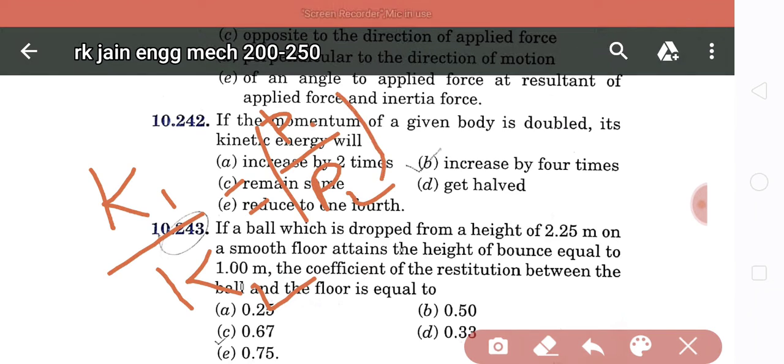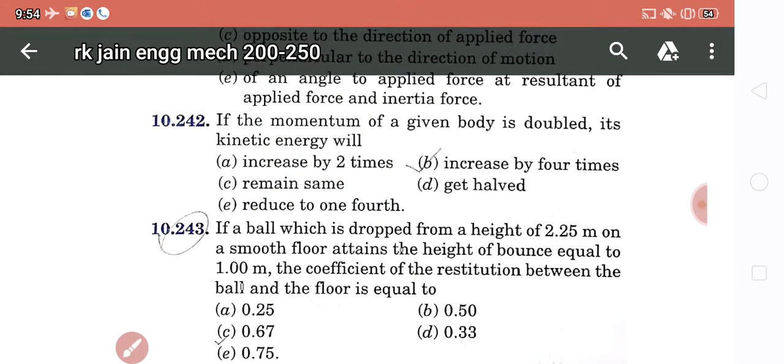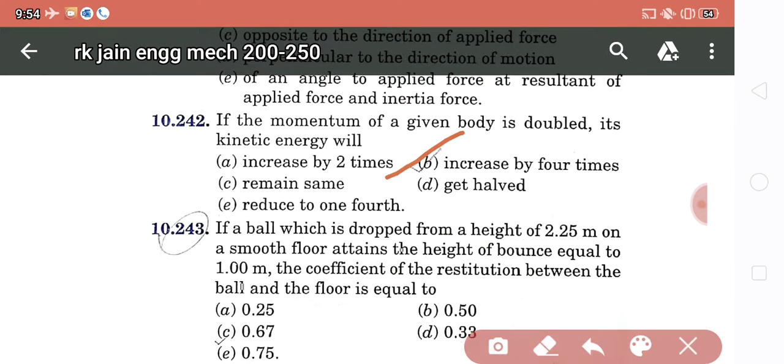It means if the momentum of a given body is doubled, its kinetic energy will increase by 4 times.